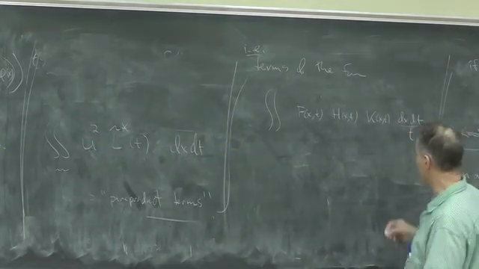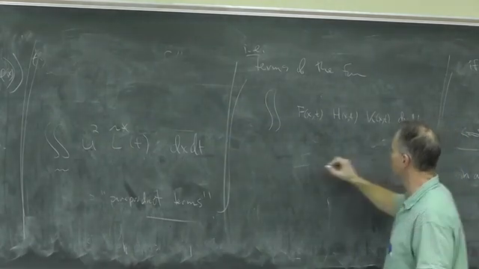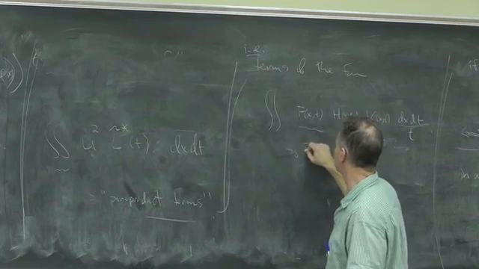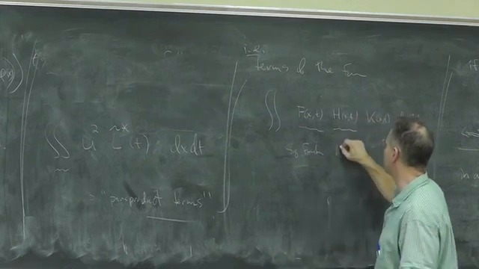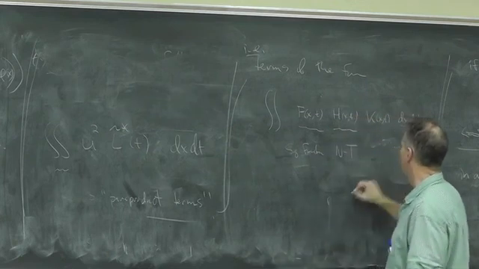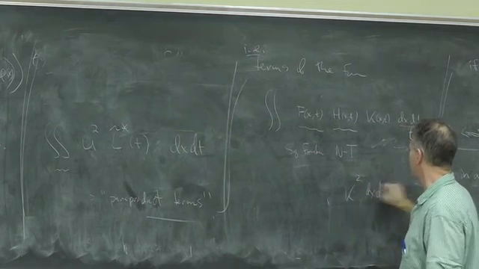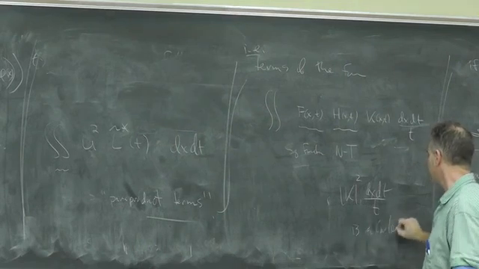Okay? Where this thing gives rise to square function estimates. This thing gives rise to non-tangential estimates. And where k squared dx dt over t is a Carlson measure.